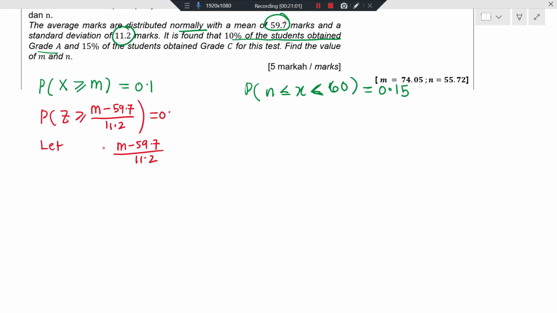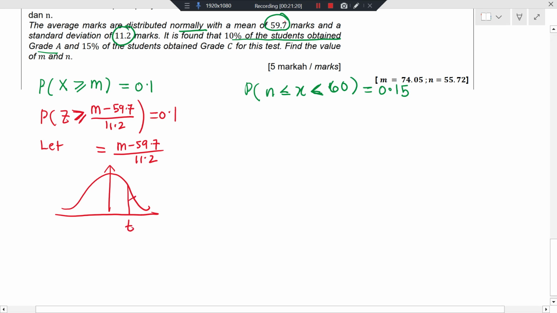But I must know whether it's a positive t or negative t. Observe your symbol. You need to shade the right hand side, and it must be less than 0.5. So you put your t here and shade the right hand side. Yes, that is logical because it is less than 0.5. If I put negative t, it is not logical because it will be more than 0.5.